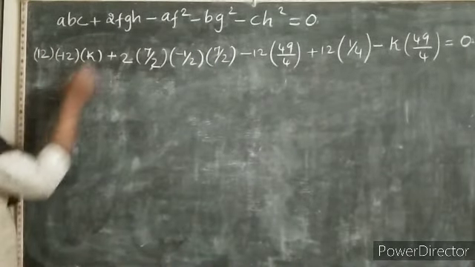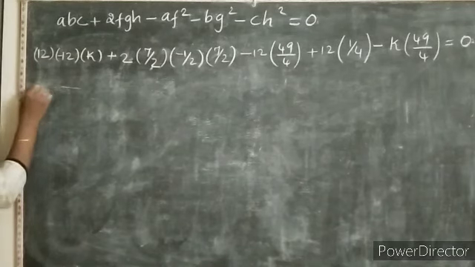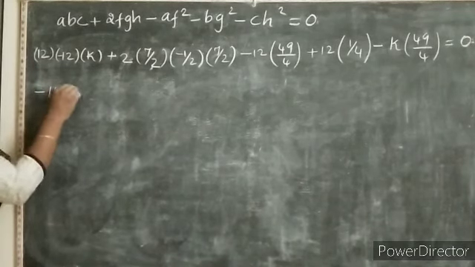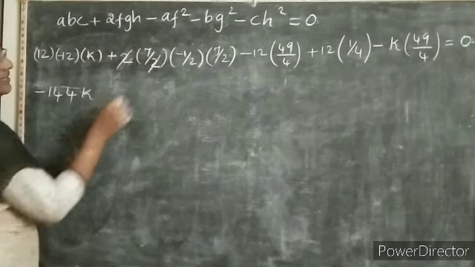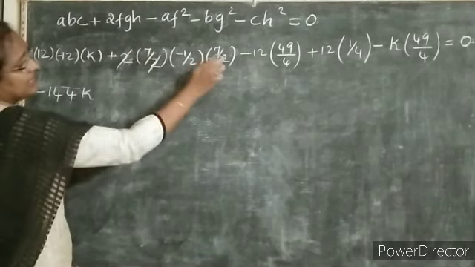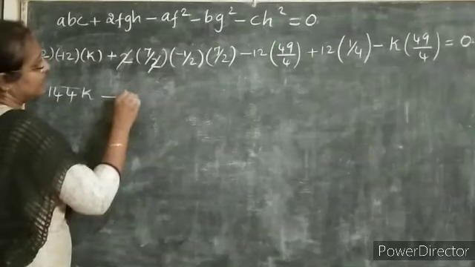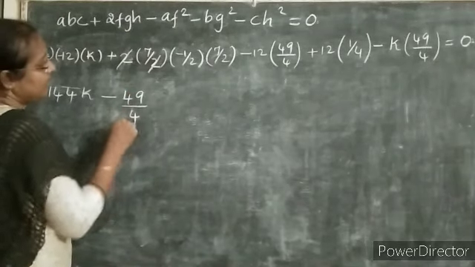Now we are going to simplify it. 12 into minus 12 will give you minus 144K. This 2 and this 2 get cancelled, so I get 7 sevens are 49, so minus 49 divided by 4.